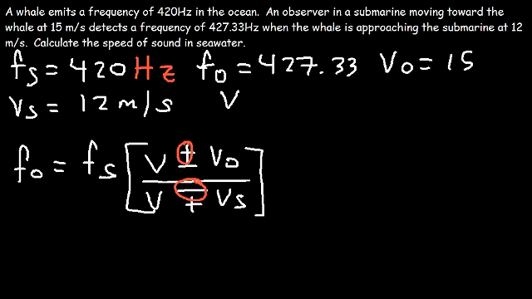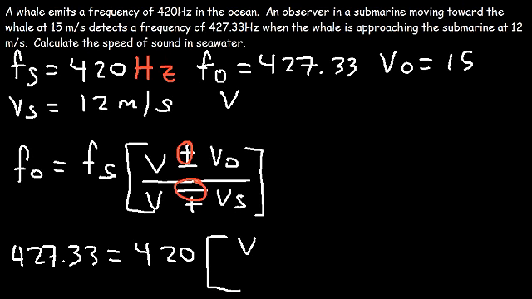So FO is 427.33. Fs is 420. We're looking for V. That's the speed of sound in the medium, in this case in seawater. It's going to be V plus the speed of the submarine, which is moving at 15.